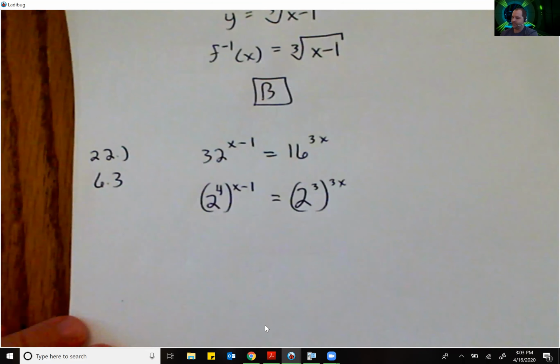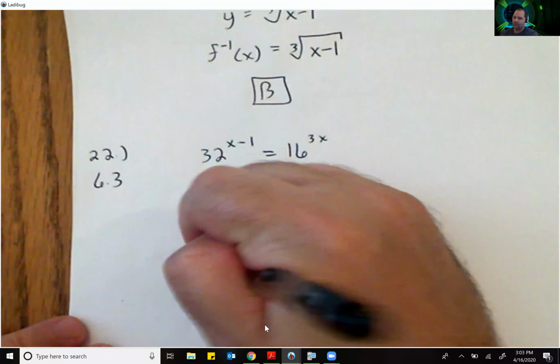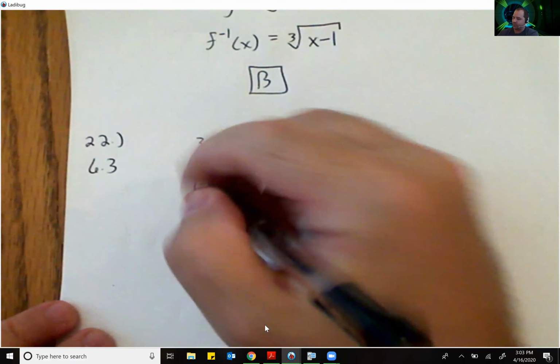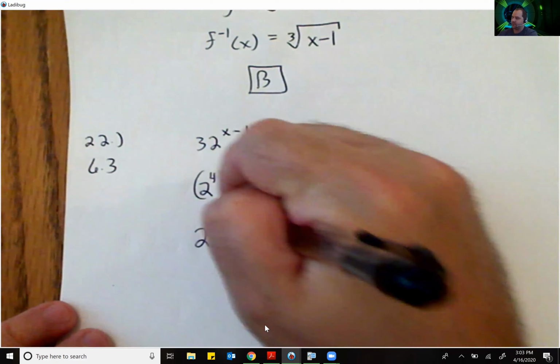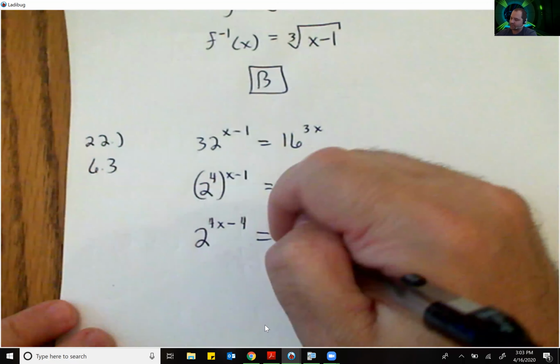Okay? Well, what do we do with powers in parentheses? You can multiply those through. So we get 2 to the 4x minus 4, because 4 times x is 4x and 4 times negative 1 is negative 4. Equal to 3 times 3x is 9x.